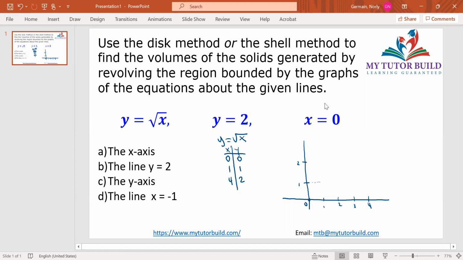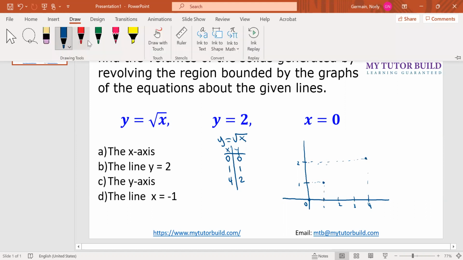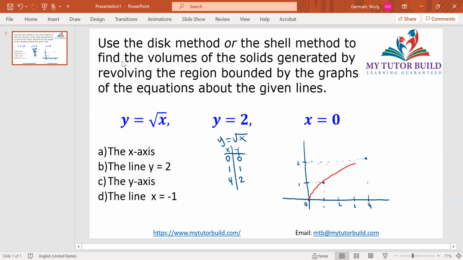If x is 1, y is 1. If x is 4, y is 2. Let's say our graph would be this format. Let's consider the graph is like this, and it can continue indefinitely.